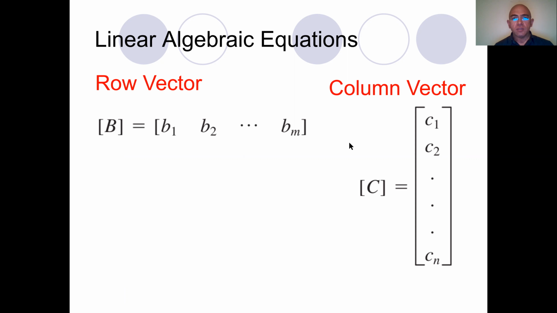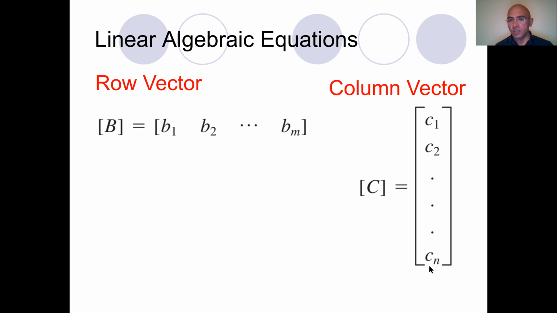What else? We may have row vectors. So what's a row vector? This is, for example, a row vector. As you see, we have a vector with a number of elements or members m, and it is just made of a single row. You may have a column vector.